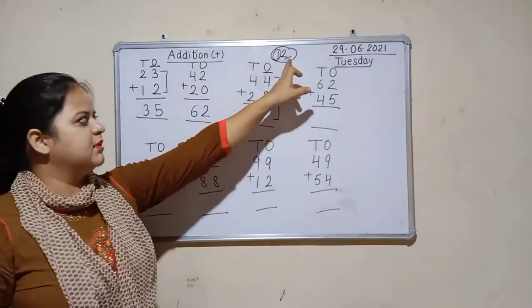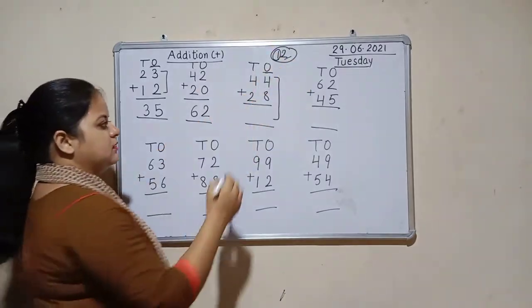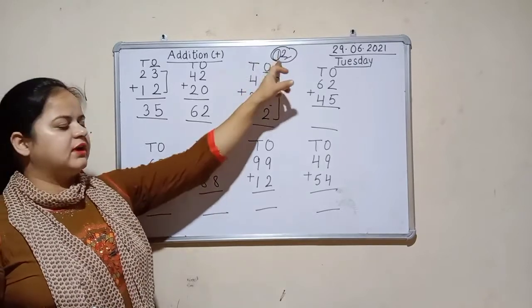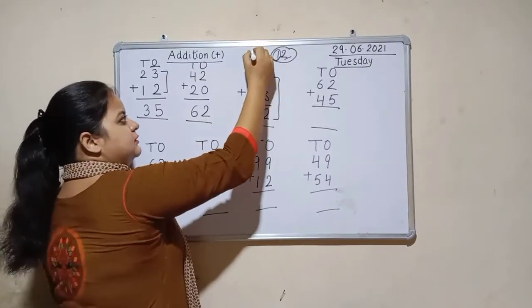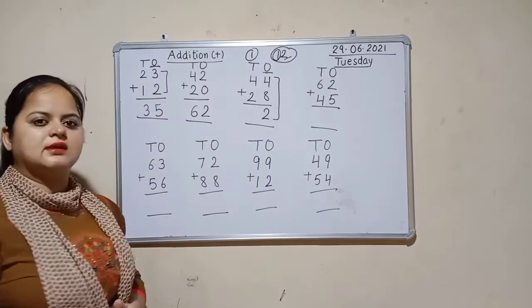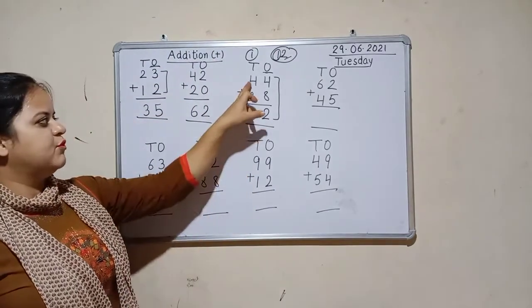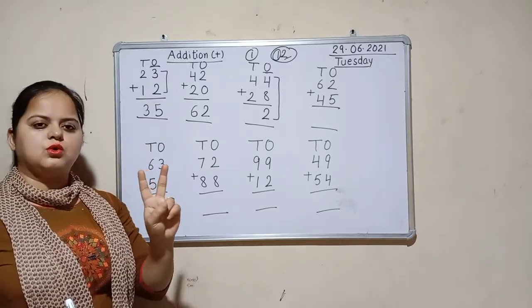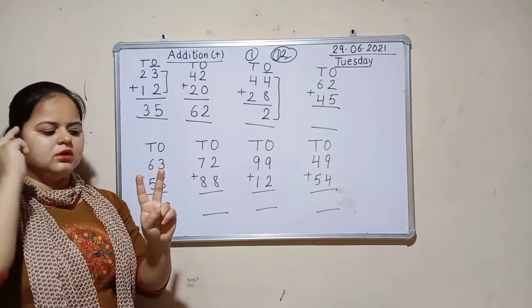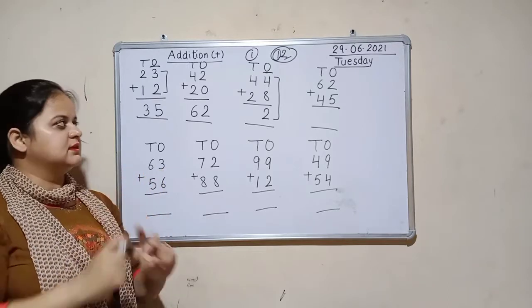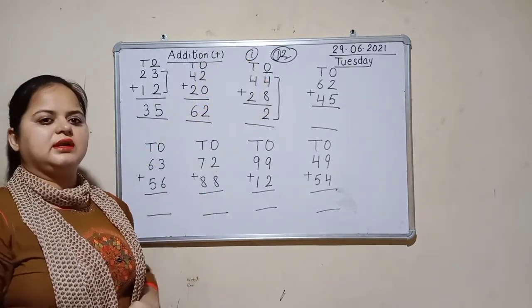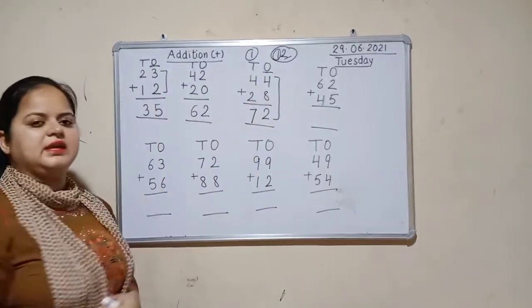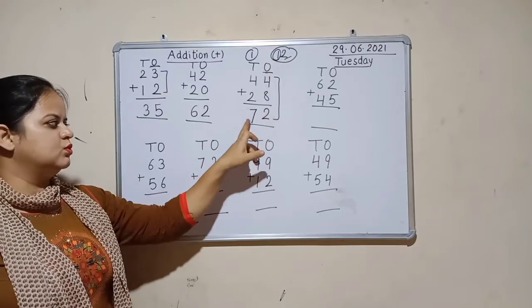So we will write number 2 here, and 1 here as carry. 4 plus 2. Keep 4 in mind and 2 on fingers. 4, 5, 6. 6 and 1, 7. So 44 plus 28, 72.